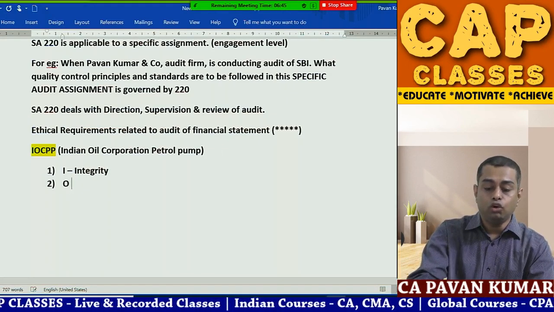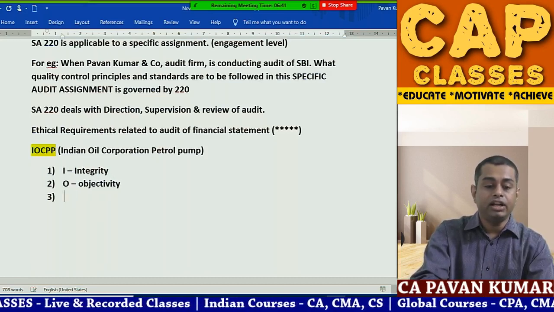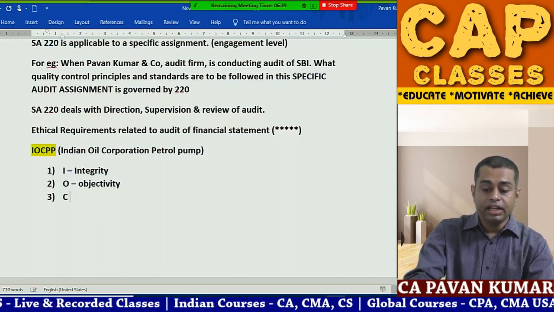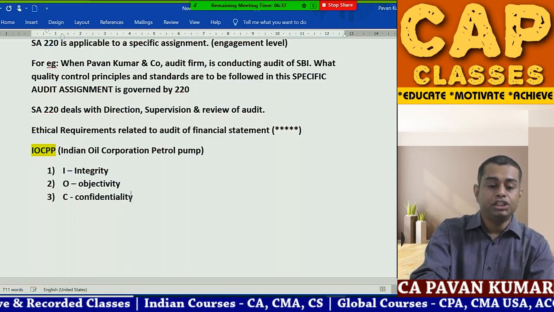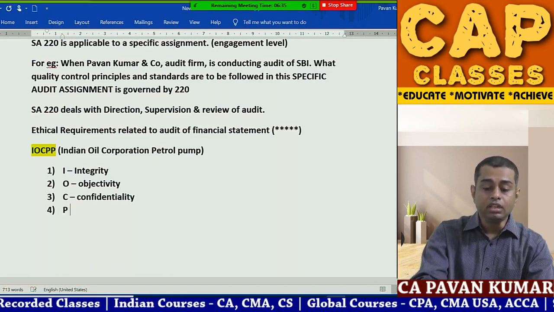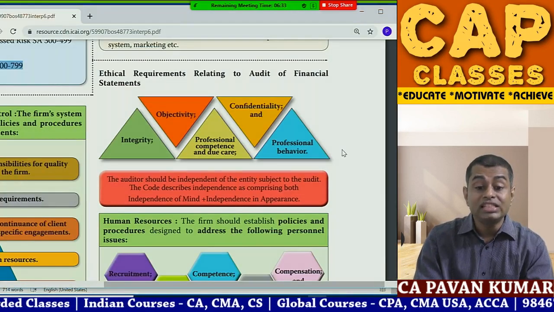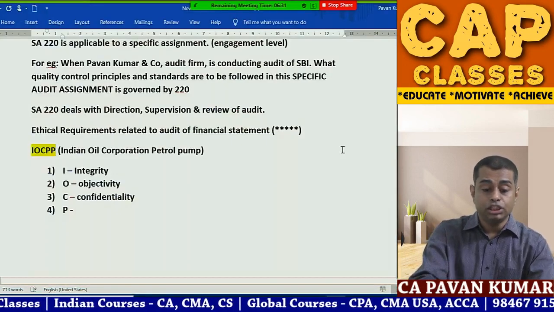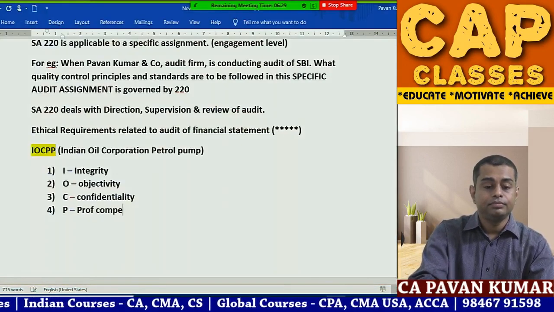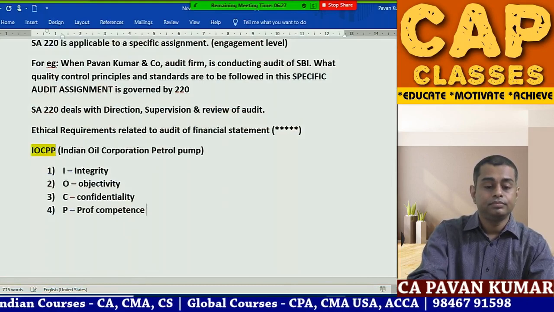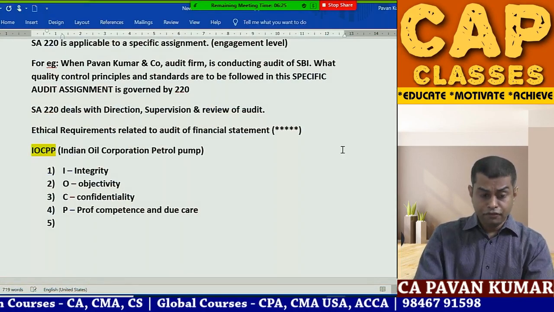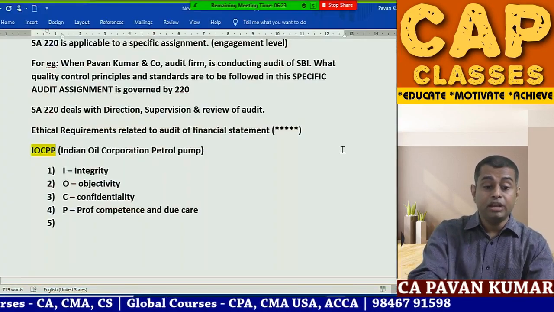Second, O for objectivity. Third, C for confidentiality. P for professional skill, competence, due care. Fifth, P is for professional behavior.